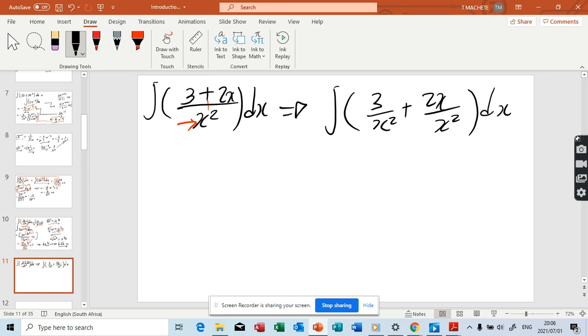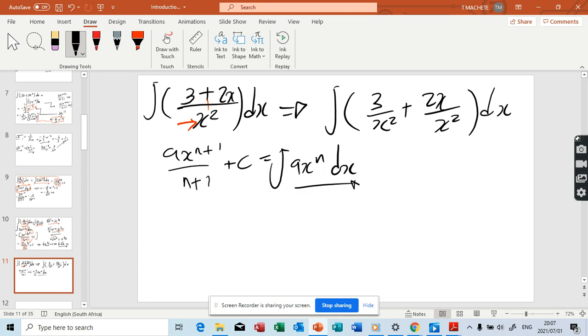The aim of doing this is for you to write it in a standard form: ax to the power n plus 1 over n plus 1. Sorry, let me remove this integral sign. This is the answer that you should get. That's the reason why we change everything to that format.